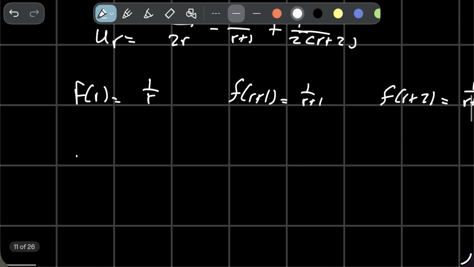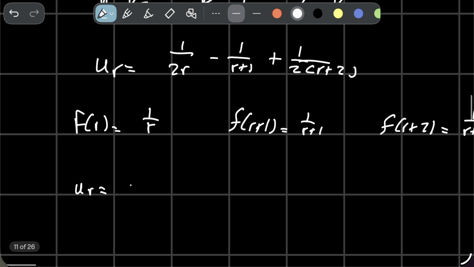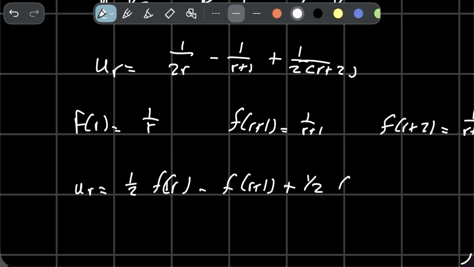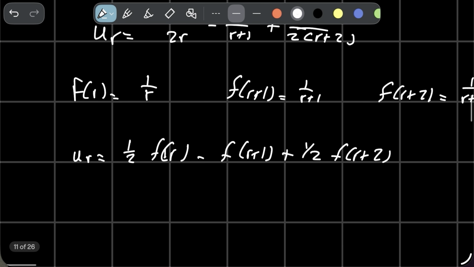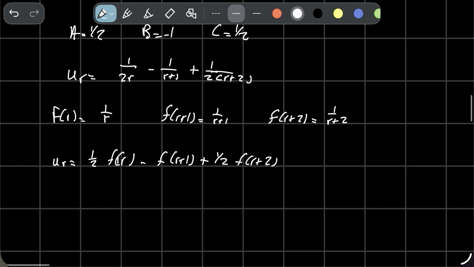Therefore, u_r equals half f(r) minus f(r plus 1) plus half f(r plus 2).